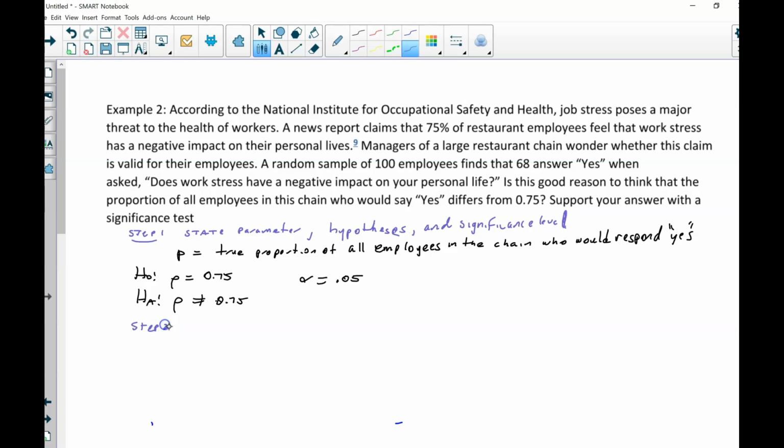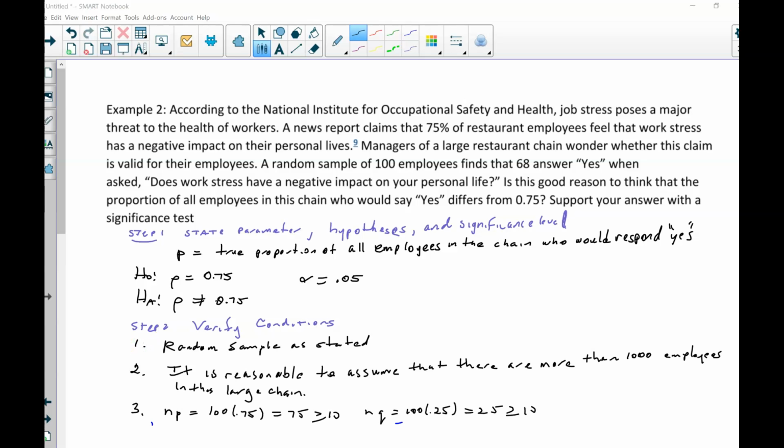And so step 2, we're going to verify the conditions. And again, these are pretty much the same conditions with some minor adjustments as we had done in the 1 proportion z interval. So the first condition is random sample as stated.